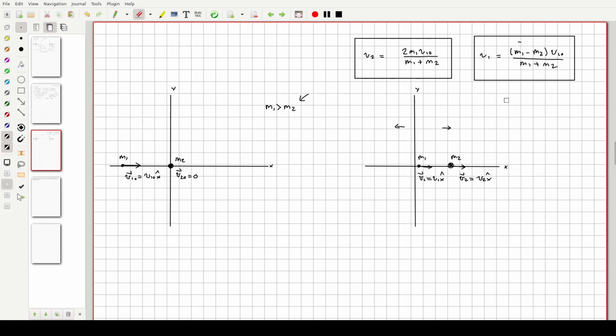But what if the masses are equal? Now, my experience when I was growing up, I used to shoot a lot of pool. If you didn't have any quarters for the machine, typically what I would do is just take the cue balls and shoot the cue balls. Cue balls have the same mass.